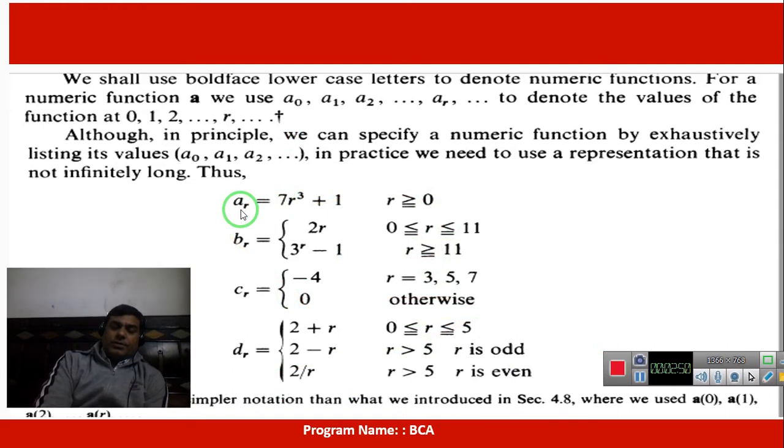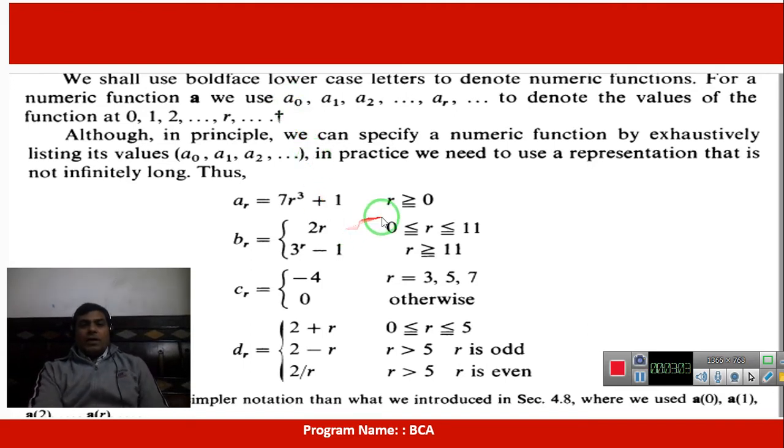This is denoted as AR equal to 7R cube plus 1, where R greater or equal 0. If you put R equal to 0, you will get A0 corresponding to the value of this variable, and if you put R equal to 1, then you will get A1, and A2 and AR.